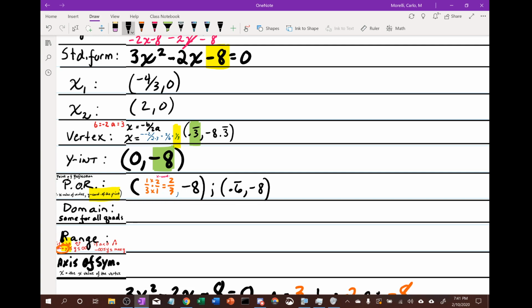And what's the domain for all quadratics? Put the repeating sign on the 8. Oh, what's the domain? Oh wait.